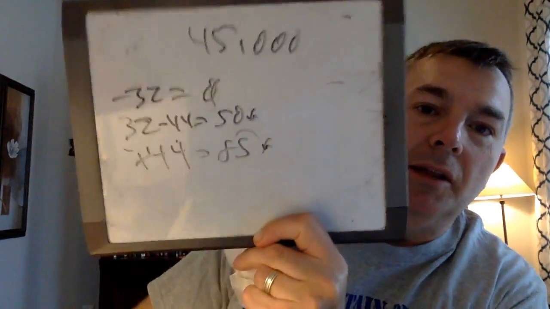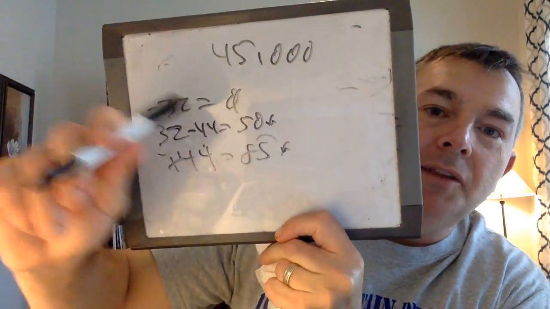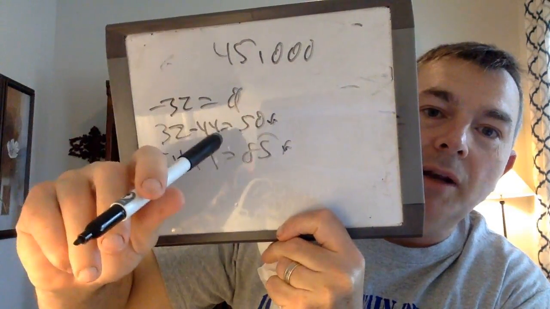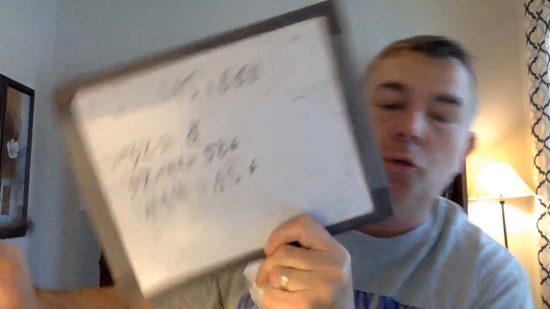So let me see if, all right. Anything above 44. All right, so in this case, we got the first 32 of 45, nothing. 45 minus 44 minus 32 is 12, equals 12K, which equals $6,000 is subject to income tax. And this will make sense here in just a second.